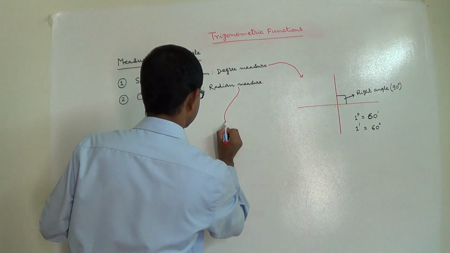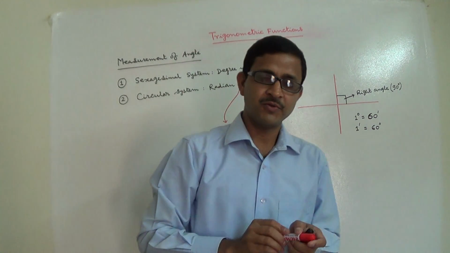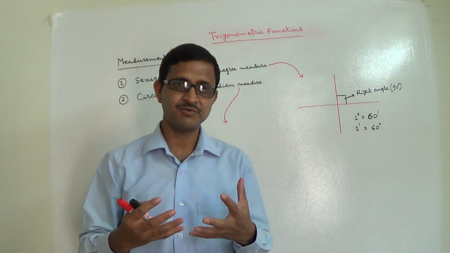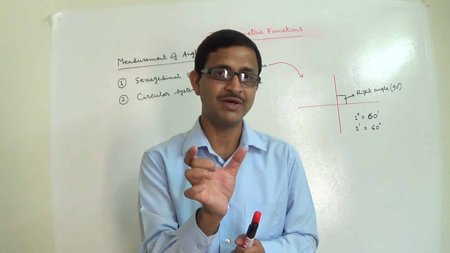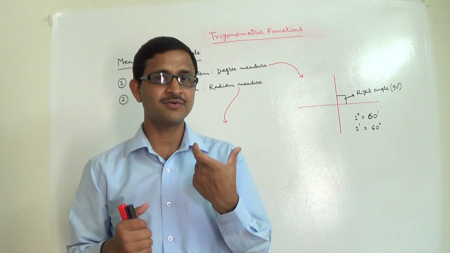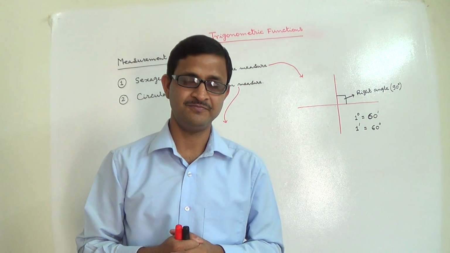Now let us discuss the other system called the circular system. So what is the concept of the circular system? You see the wording is there: circle, circular, right? The word circular came from the word circle.